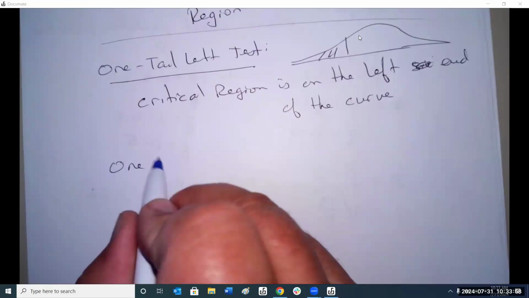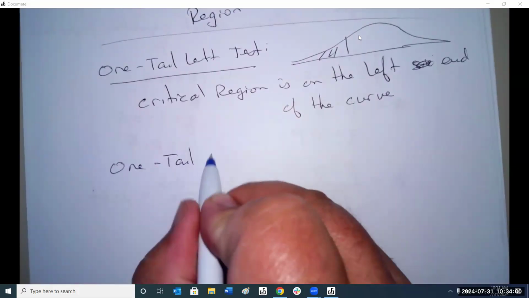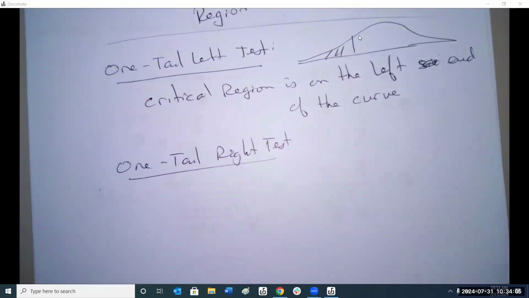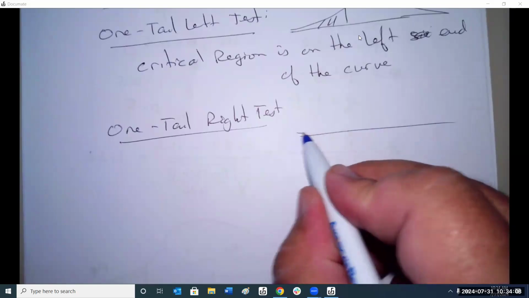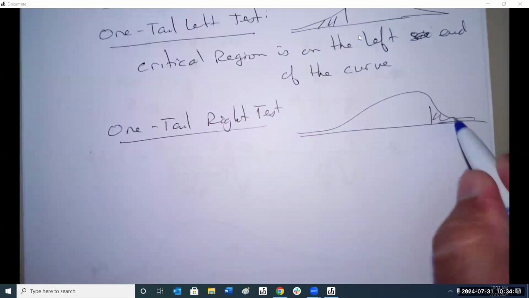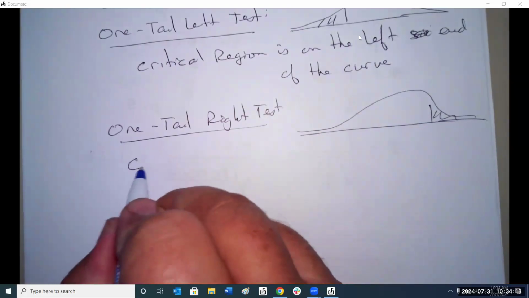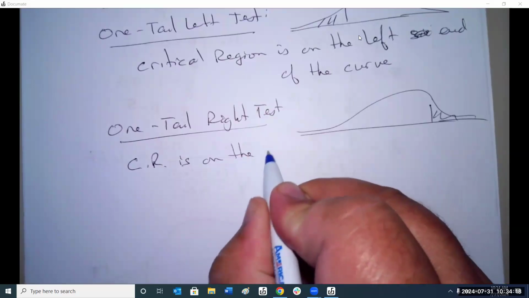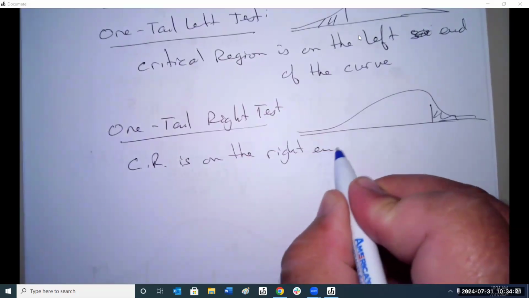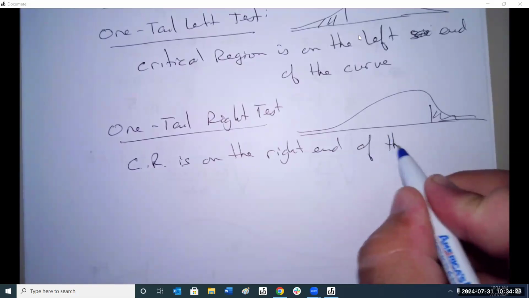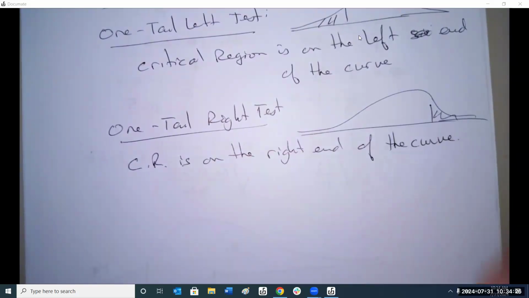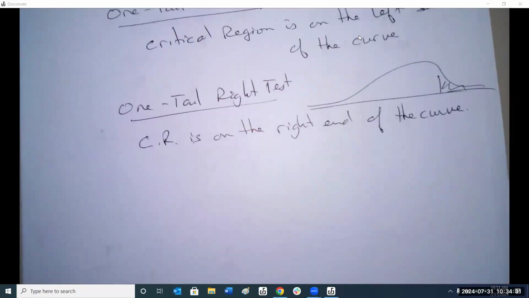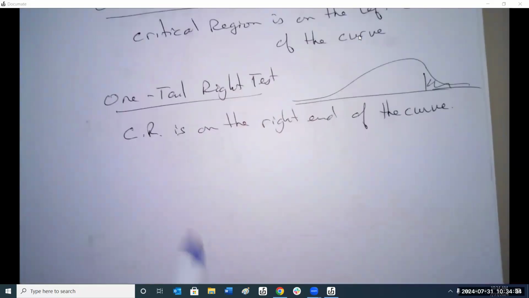If it's a one tail right, that test will tell us the critical region is on the right-hand side. The critical region is on the right end of the curve. So what do you think about two-tail?